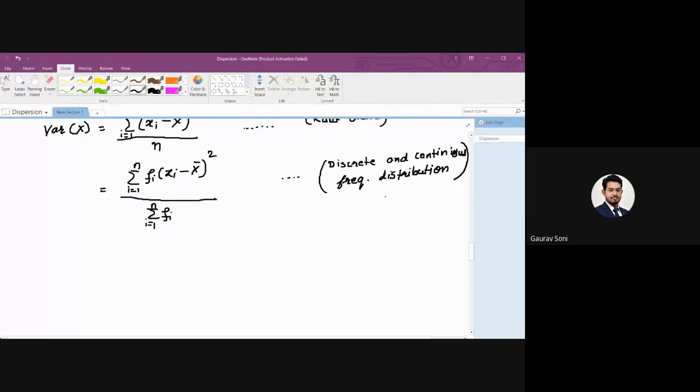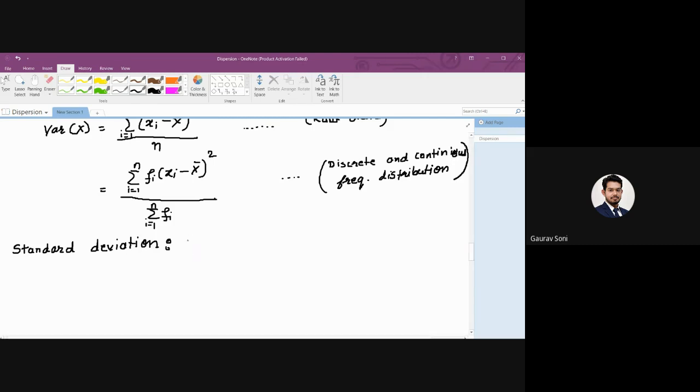Variance is important because it helps us find the standard deviation, the most commonly used tool to study dispersion. The positive square root of variance is nothing but the standard deviation.